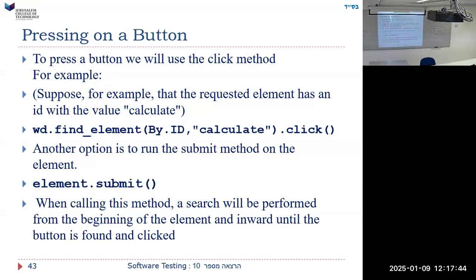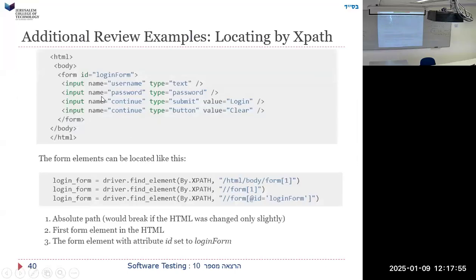When calling this method, a search will be performed from the beginning of the element and inward until the button is found and clicked. You understand? So for example, remember in our example where we said get me the whole form. I can get the form. If I did get element by name and got the name log in for it, it's going to give me this whole element. And now I can't say click on the element, because which thing to click on?